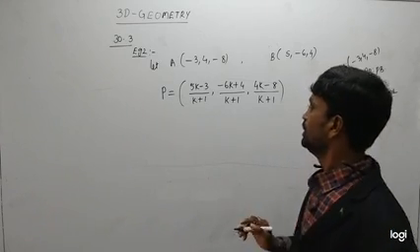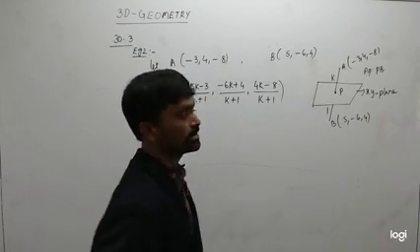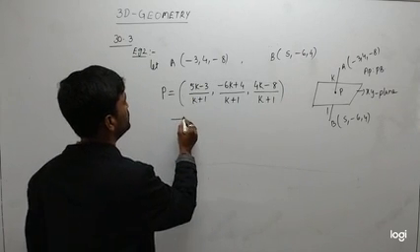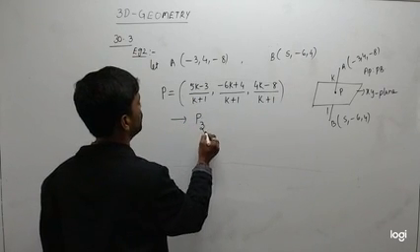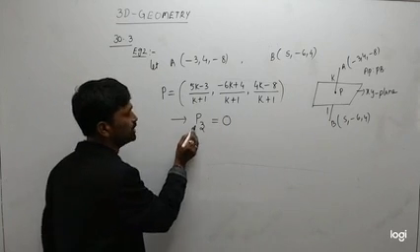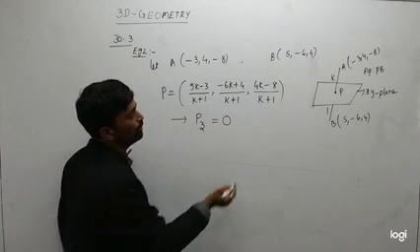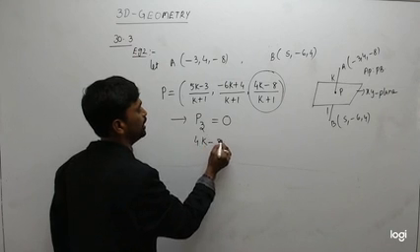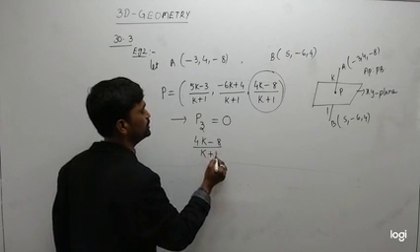Now P lies on the XY plane, so automatically the z coordinate of P must be 0. What is the z coordinate of P? It is (4k minus 8) by (k plus 1), which is 0.